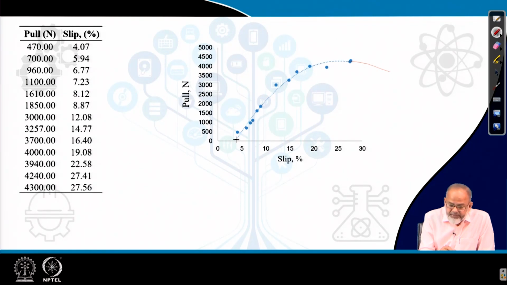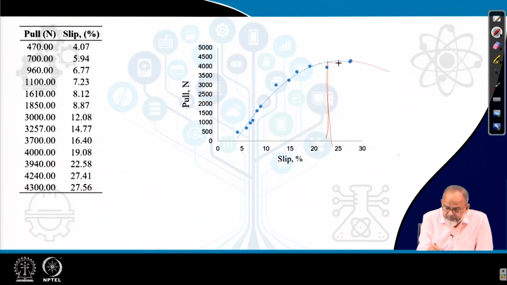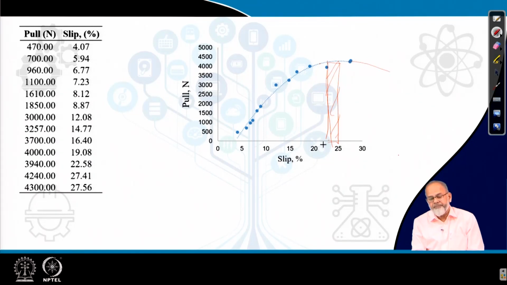That means, initially pull will increase as the slip is increasing, and then it reaches a peak, and after that it goes down if you further increase slip. We are getting a peak around 25 like that. In this patch you are getting a maximum.